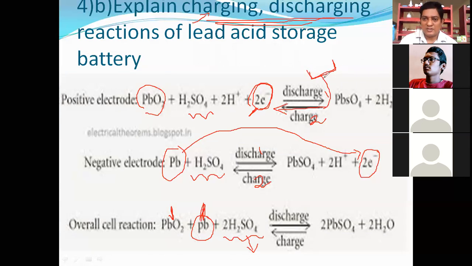This process is charging. Forward mechanism is known to be discharging, but the backward mechanism is known to be charging.